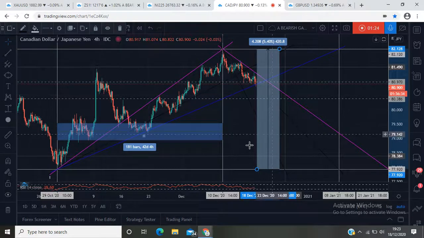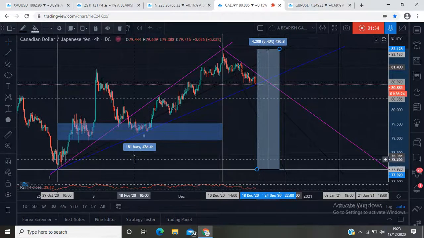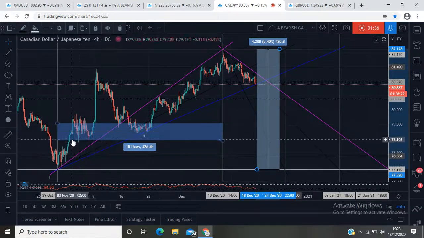So when we measure the price advance, we have a 42.08 point advance in 42 days. So the time frame is 42 days and 4 hours.